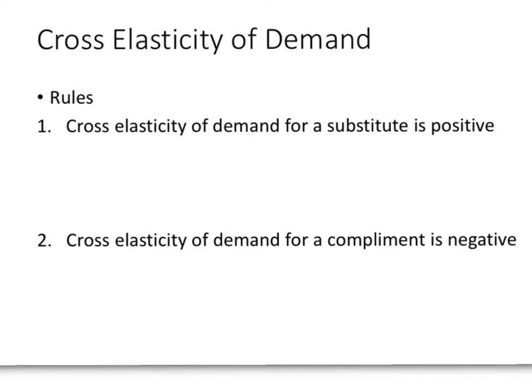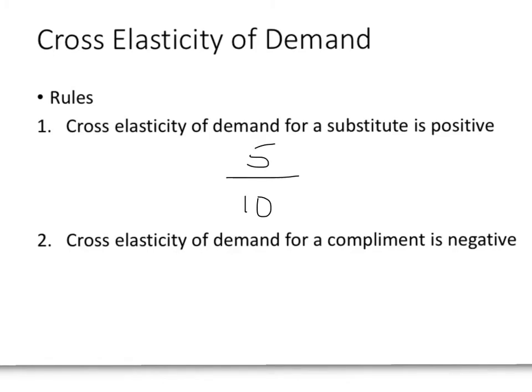So for example, what we're going to see is when the price of a burger falls by 10%, okay, so if we have our formula out here, right, it's going to be percent change in quantity demanded over percent change in the price of the substitute, right? So the price of the substitute percent change is going to go as the denominator at 10%, and the quantity of pizza demanded will increase by 5%.